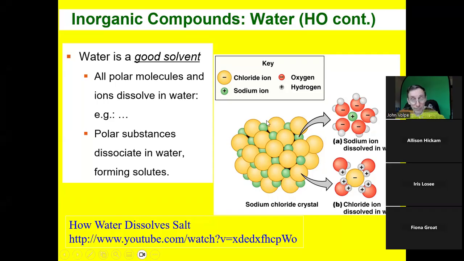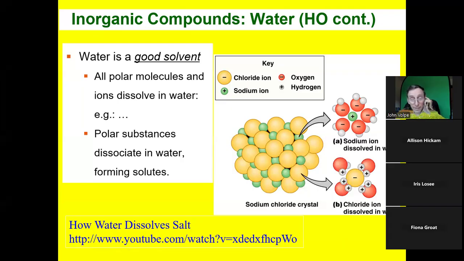And here we have the crystal sodium chloride, or the salt crystal, and it has a +1 sodium ion, the little green ones, and a -1 chloride ion, meaning the electron from the sodium moves to the chloride, giving the chloride a -1 charge and the sodium a +1 charge.